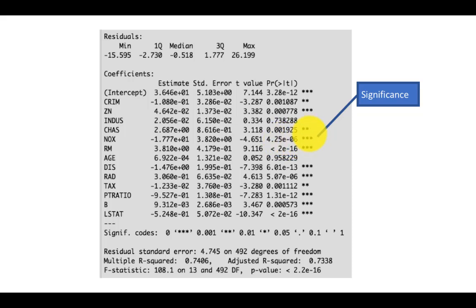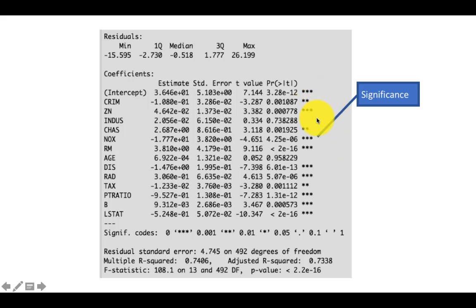So you've got blank, which means the probability could be quite high. It's greater than 0.1 that you will see this coefficient even though the real value is 0. So in that case, you will say this coefficient is not significant. There's nothing here. Otherwise, you have the significance values of dot, 1 star, 2 star, 3 stars.